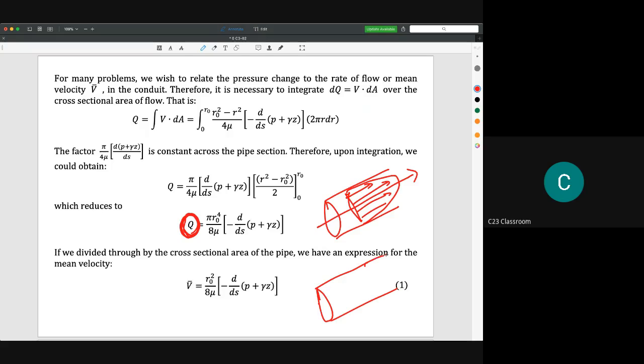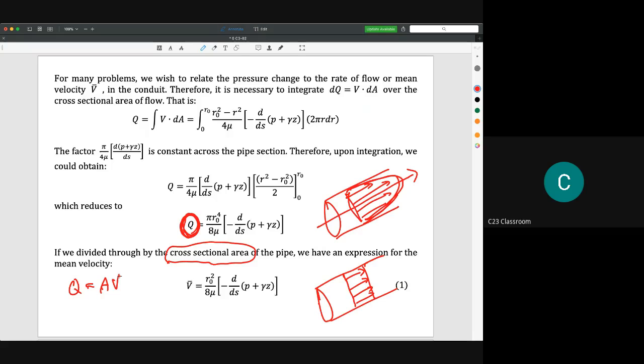We assume the no slip condition is very small, so why not just calculate the average velocity. This means we now assume the velocity distribution is not as critical, so we just assume a uniform velocity distribution. We divide the Q by the cross-sectional area, because we know the continuity equation is Q equal AV.